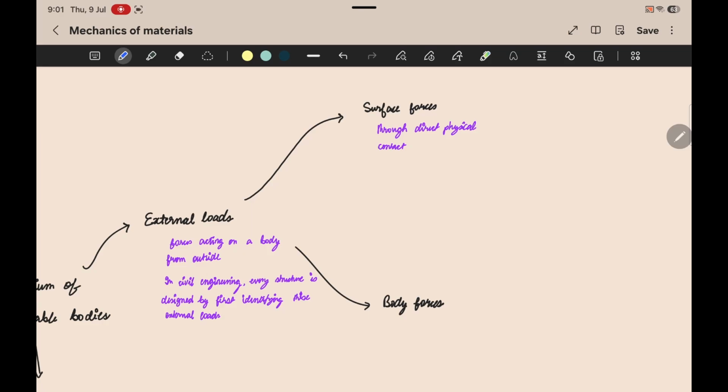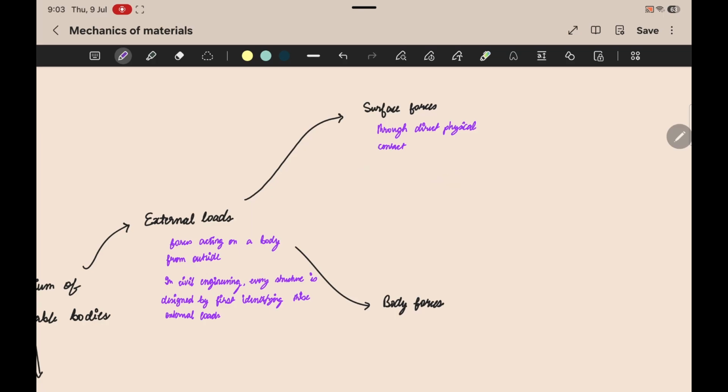A few basic examples would be a chair pushing on a floor, right? And a bicycle tire pushing the road, your hand pushing a wall, or a book resting on a table. Okay, all of these are surface forces.